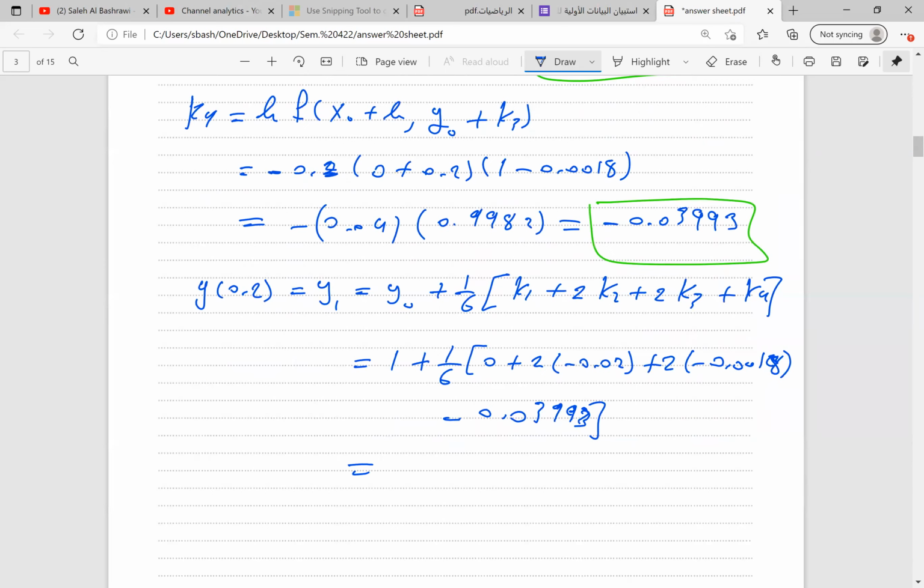So I will have 0 minus 2 multiplied by 0.02 minus 2 multiplied by 0.0018 minus 0.03993, divided by 6, plus 1, which is equal to 0.9860 or 61.